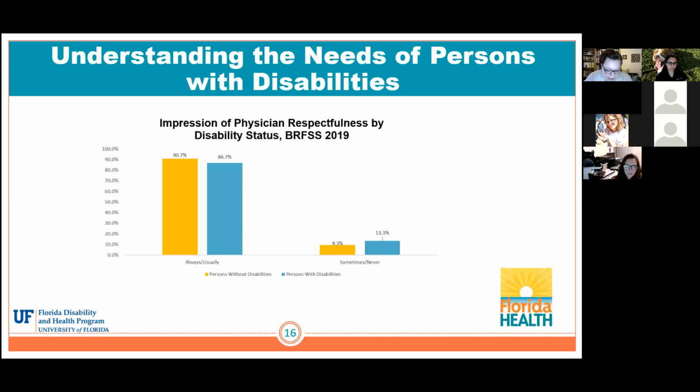However, when we look at the numbers of who report sometimes or never, even though there seems like a small absolute difference between those two, the relative difference is actually about 35% between people with disabilities and without disabilities in reporting not feeling respected by their physicians.